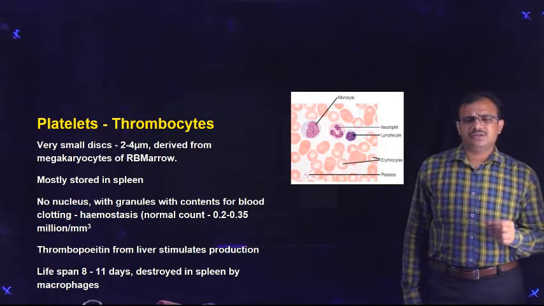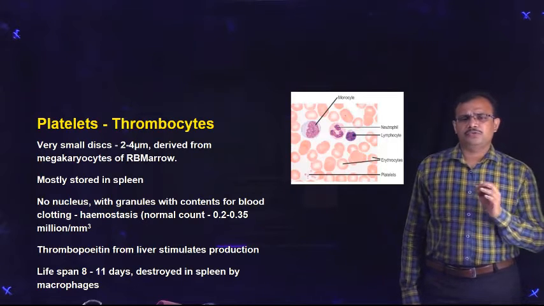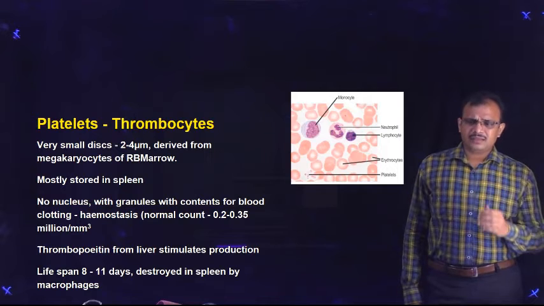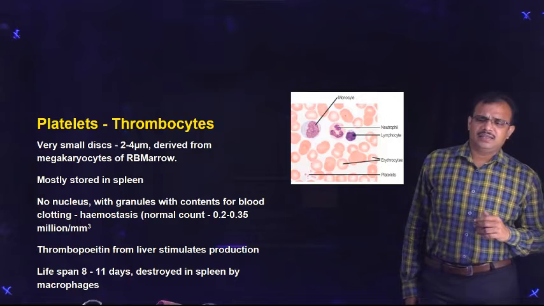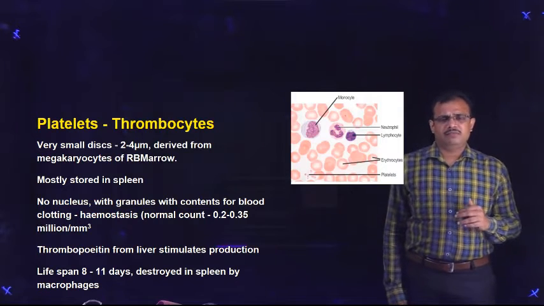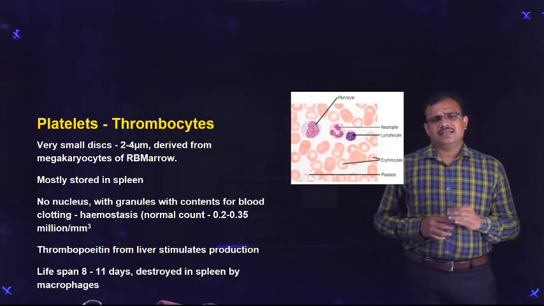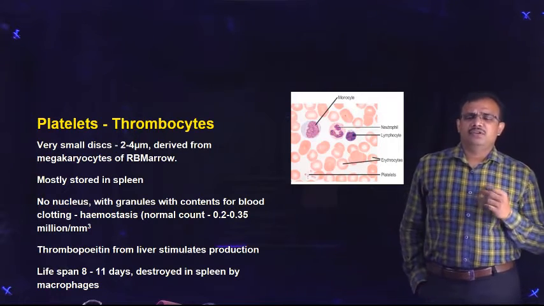These platelets are very small disc shaped structures, approximately 2 to 4 micrometer in diameter, and they are mostly stored in the spleen. They do not have a nucleus. So only these two cells, red blood cells or erythrocytes and thrombocytes, do not have nuclei.